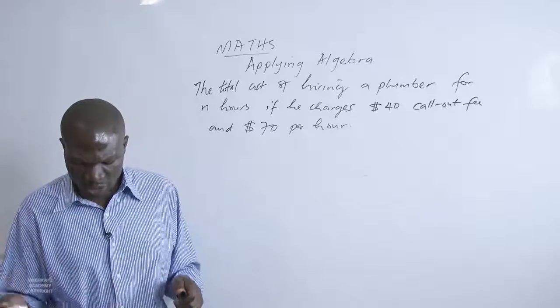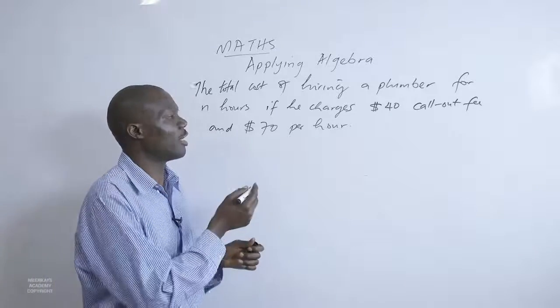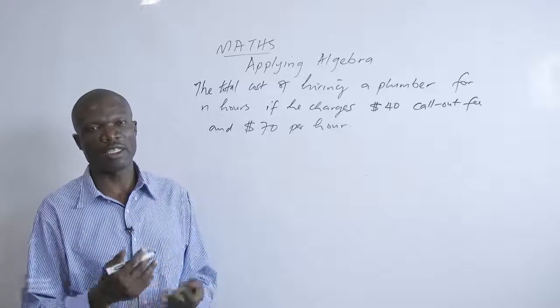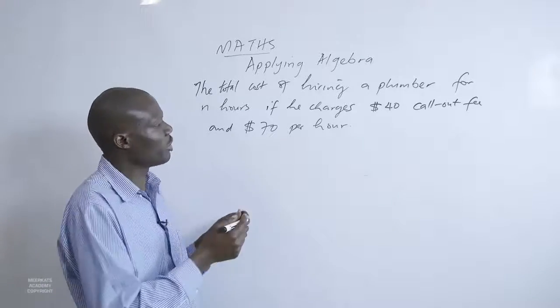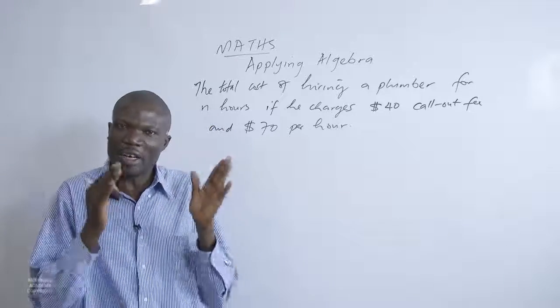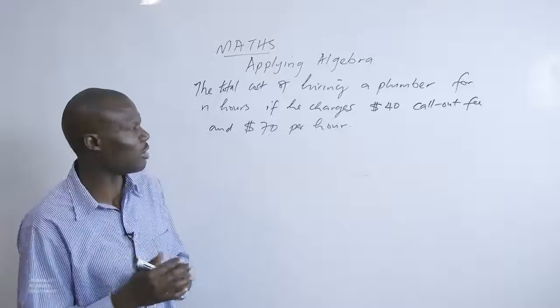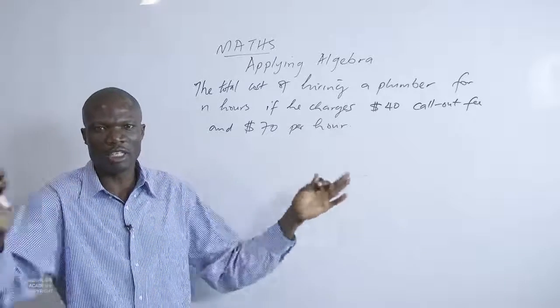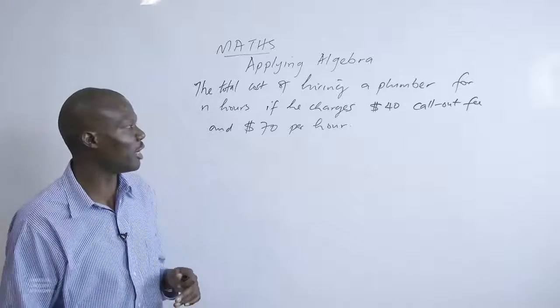So what would be our total charge in case this plumber comes and stays any number of hours? We already have the variable defined, that we have a variable called n, and n stands for the hours. So what we have here is to find an expression that will just generalize all that cost.